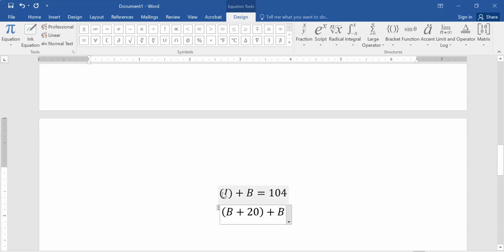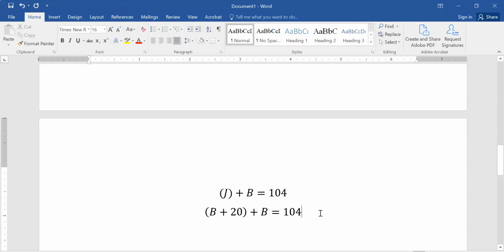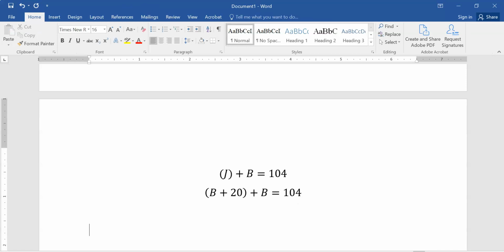So I'm going to replace this J with B plus 20. But remember, I still have to keep this plus B equals 104 as well. So there you go.